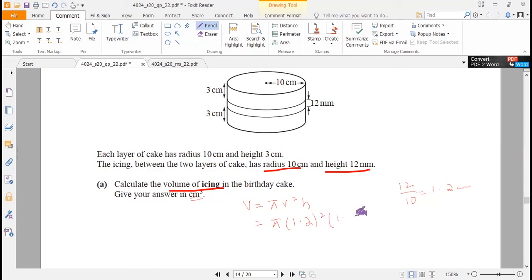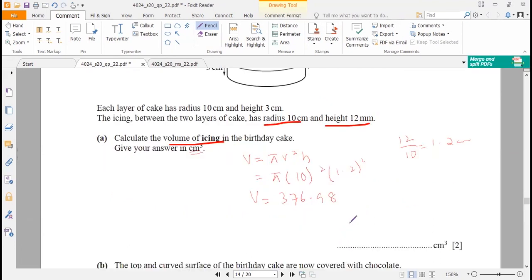Height is 1.2, and the radius is 10 squared. Now the volume is 376.98. If we give the answer in three significant figures, it will become 377.